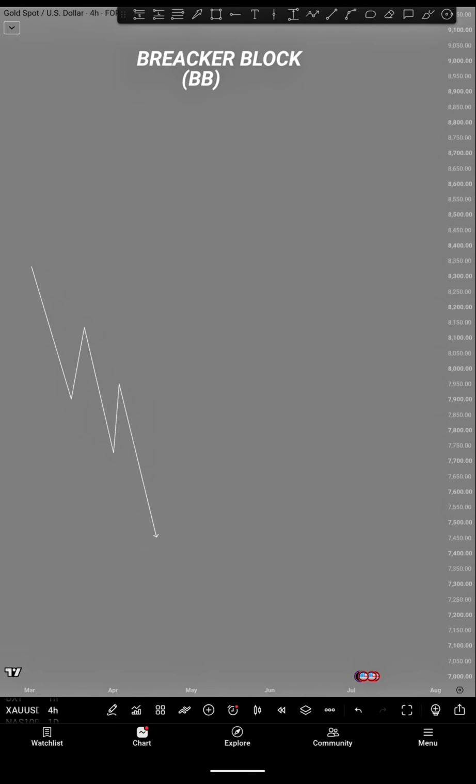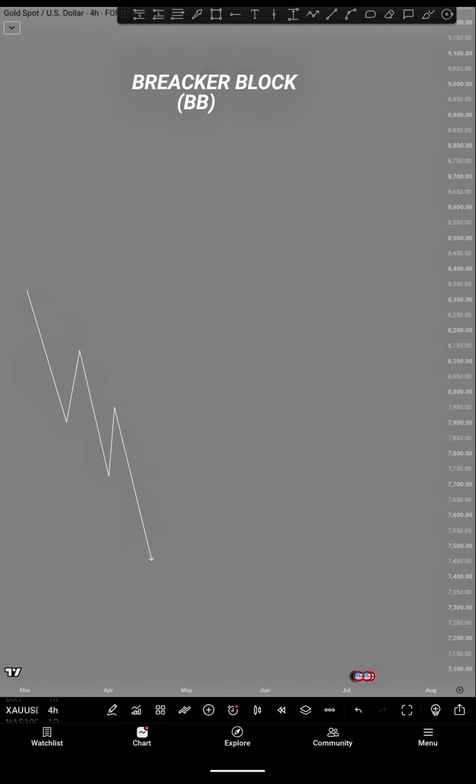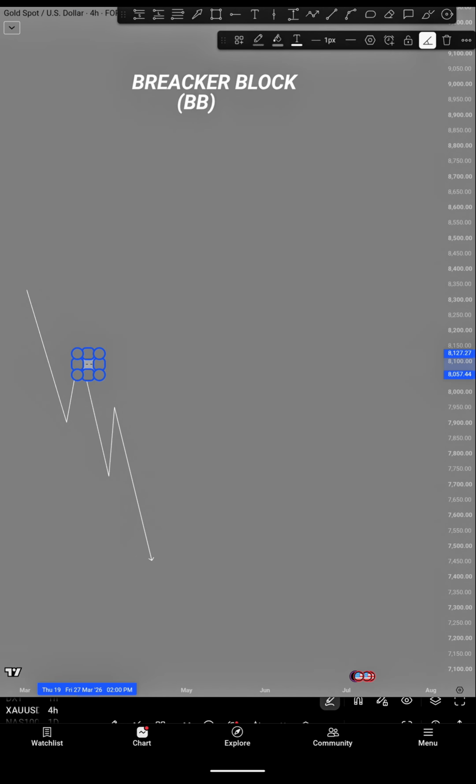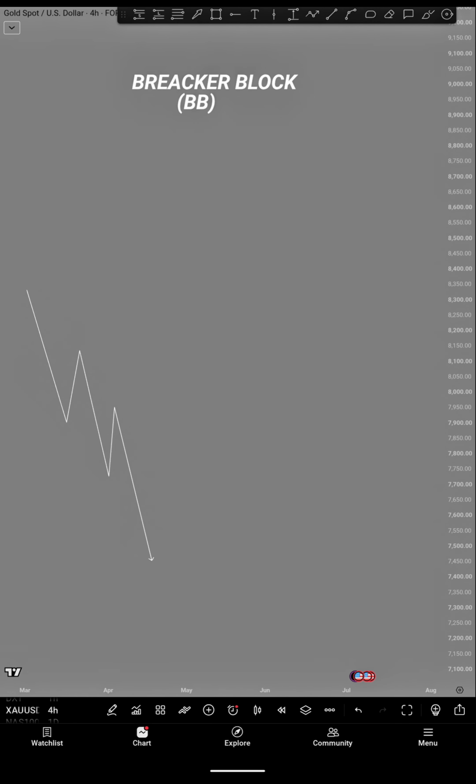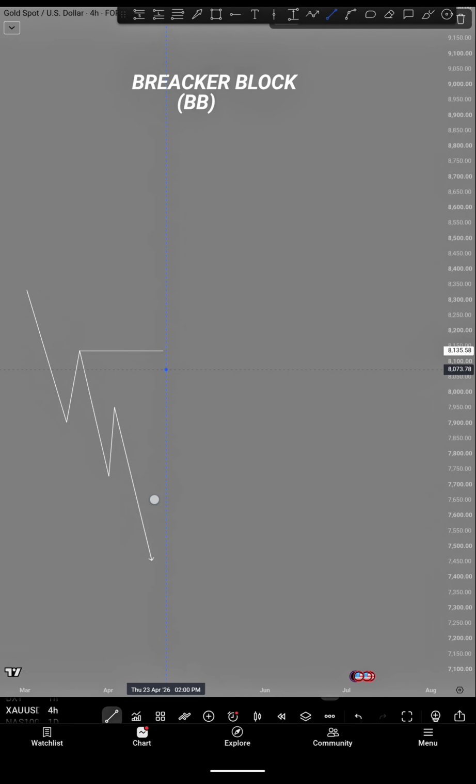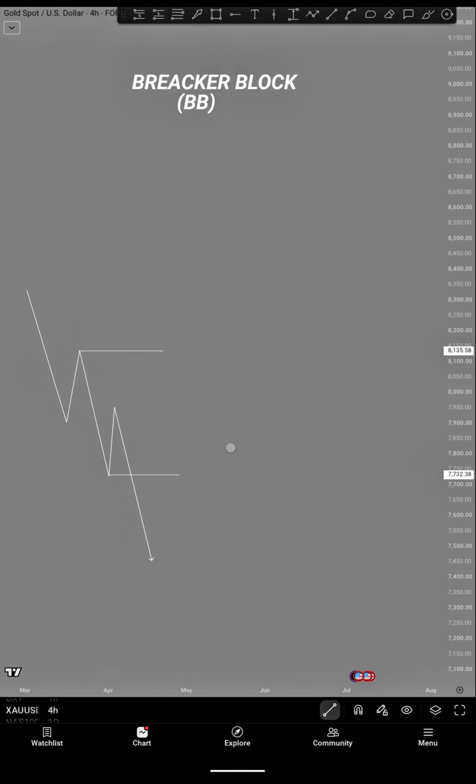Because you have to understand what a range is and how PD arrays are formed, right? So from this high to this low will be the range, the current range.